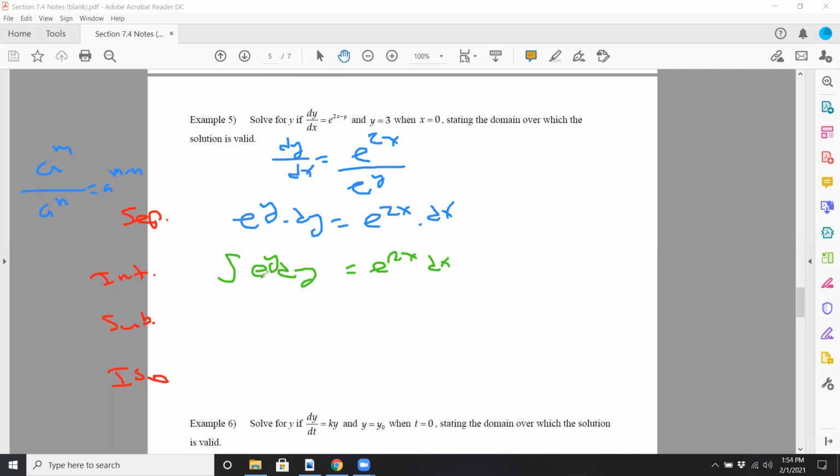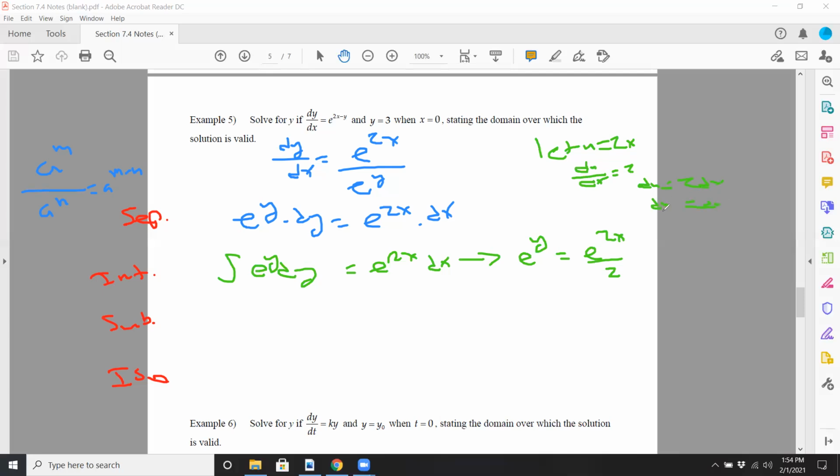Now I want to integrate the left side, just e to the y. That's just it. When I integrate the other side, it's going to be e to the 2x over 2, because it is like a u sub in a way. If you let u equal 2x, then du over dx equals 2. So du is 2 dx, or dx is du over 2.